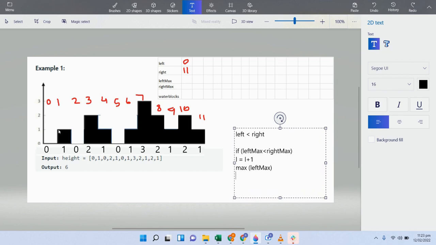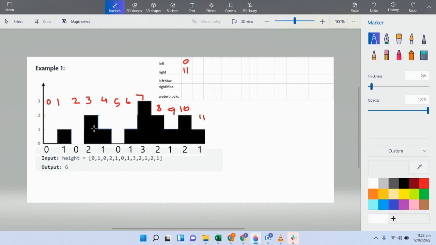I have a height of 1, but this one height cannot store any water. While if I go to this point and I have the left height till here, then the height is 0 and my left max is 1, so the water that can be stored at this point should be 1.